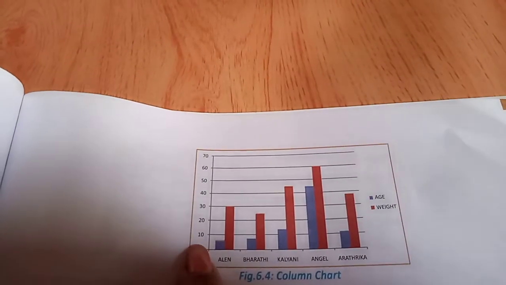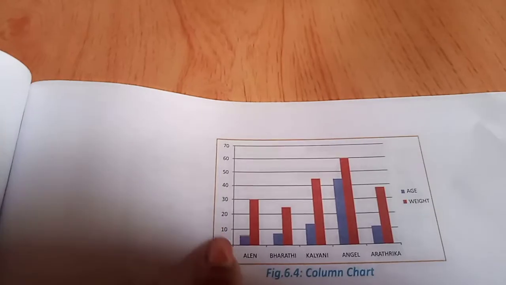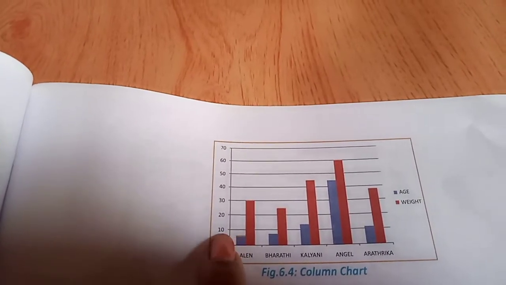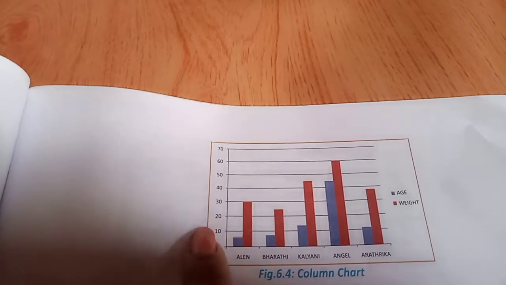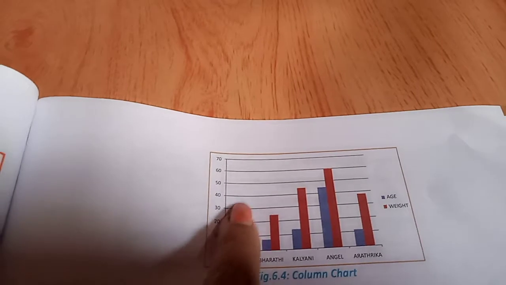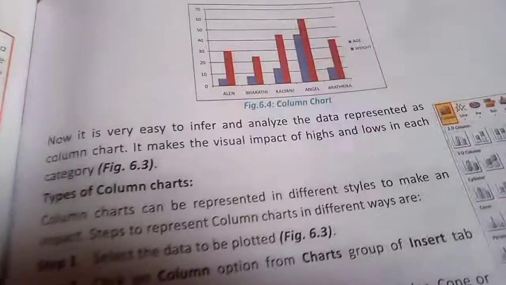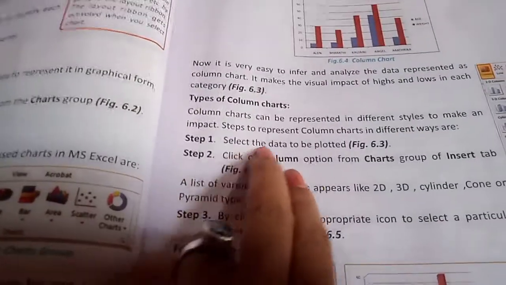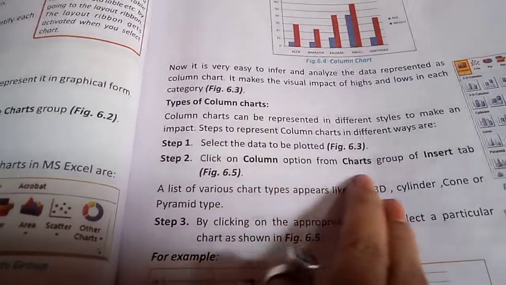If you want accurate values, then you may make the scale 1, 2 like this. Make 10 rulings here also, and if you make 70 rulings, then one by one you can identify the accurate presentation. Types of column chart are available in the column option of the chart group.